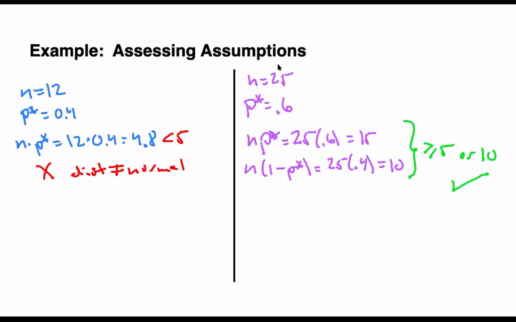But if we use the book's criteria, if we take n times p star times 1 minus p star, in this case, we have 25 times 0.6 times 0.4. And this equals 6, which is less than 10.